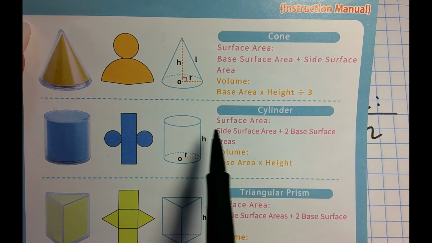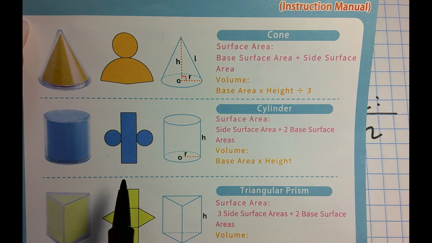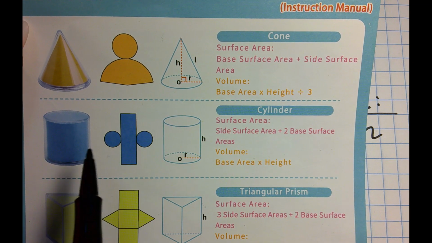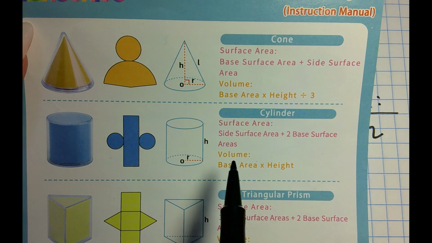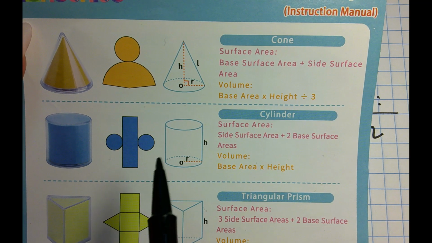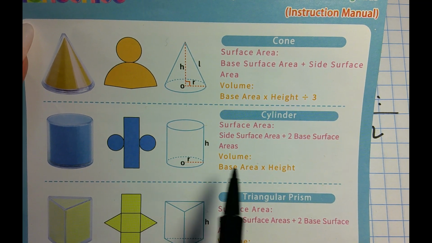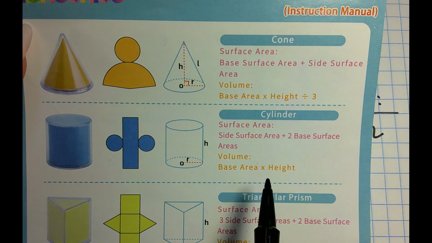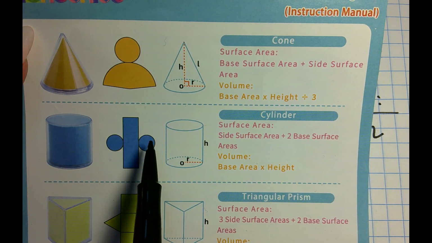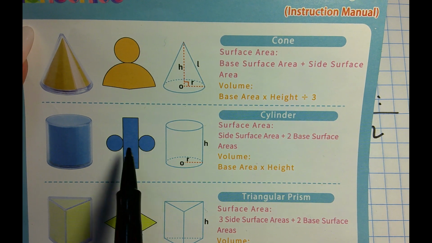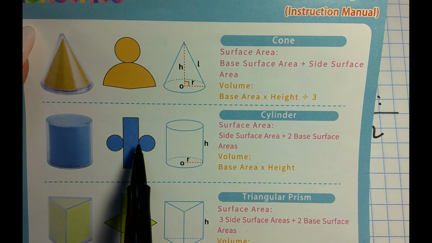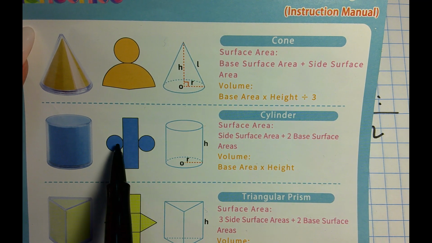So to find your surface area, you would find the area of the 2 circles and the rectangle in between them. To find your volume, you would do base area times height. Now your base area would be one of these circles' area, and the height would be the distance between these 2 circles.